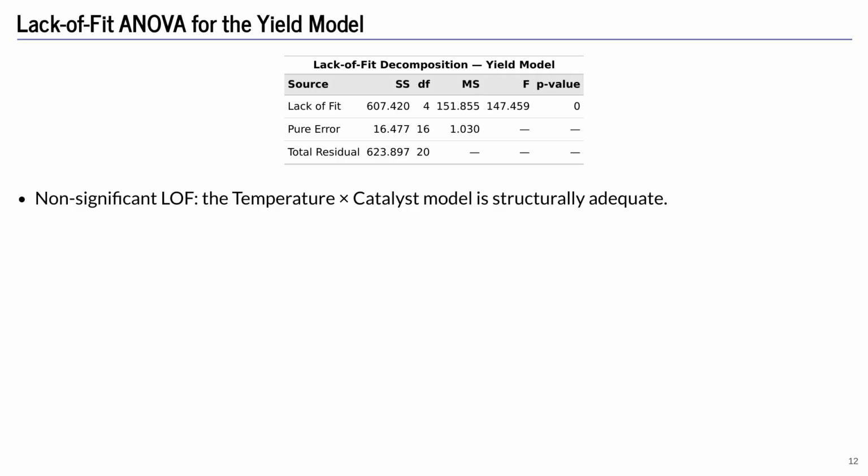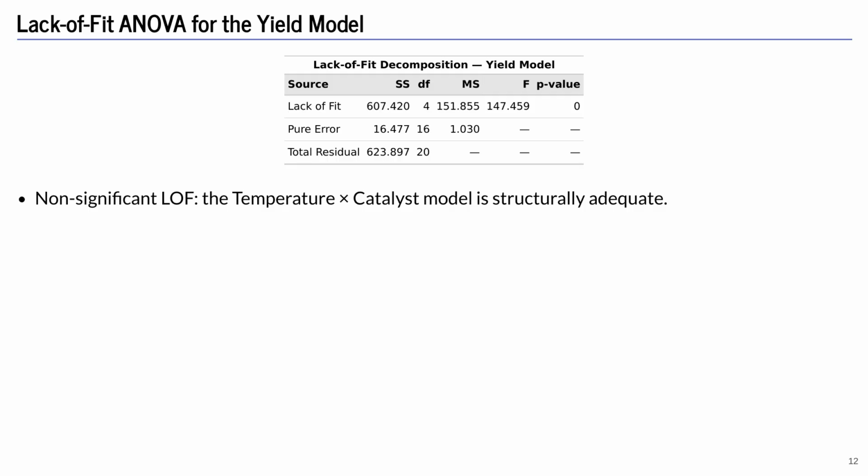The lack of fit F statistic for the yield model is small, and the associated p-value is well above any conventional threshold, certainly above 0.05 and well above 0.1. What does that tell us? The corner means predicted by the reduced model are consistent with the observed corner means within the noise measured by pure error. There is no statistical evidence that the model is missing a structural term.